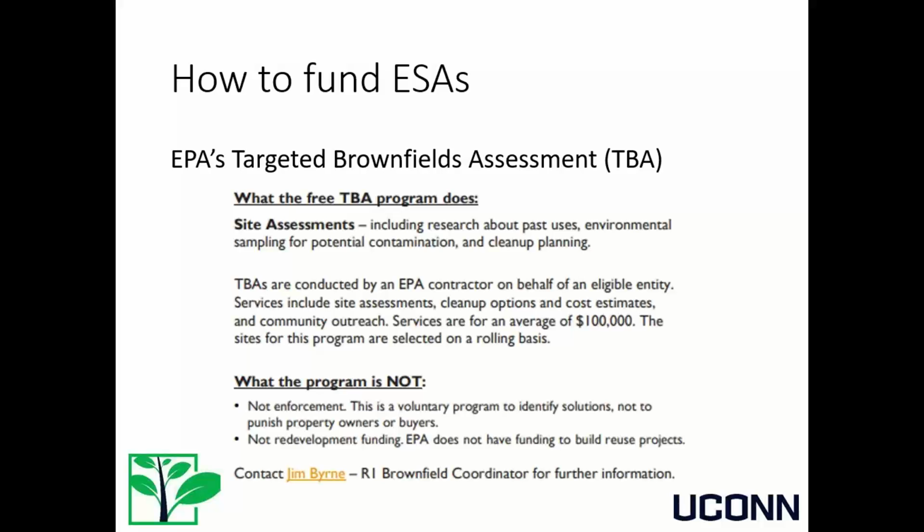So if, let's say, you don't want to go through the competitive process of putting together a proposal and applying for a grant, you can also reach out to Jim Byrne, the regional Brownfield coordinator from EPA, to request information about the TBA program and how you can do assessments for particular sites. I know that the program has a lot of funds, so it's definitely a good option.